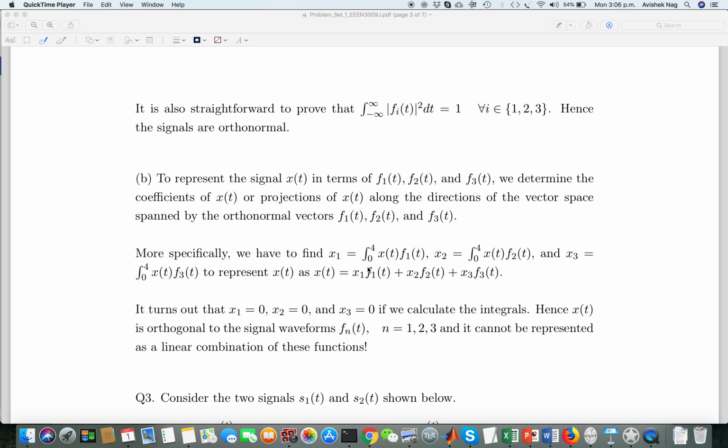So these are the coefficients of x on the different axes. So x1 is the coefficient of x on the f1 direction, x2 is the coefficient of x on the f2 direction, and x3 is the coefficient of x in f3 direction.